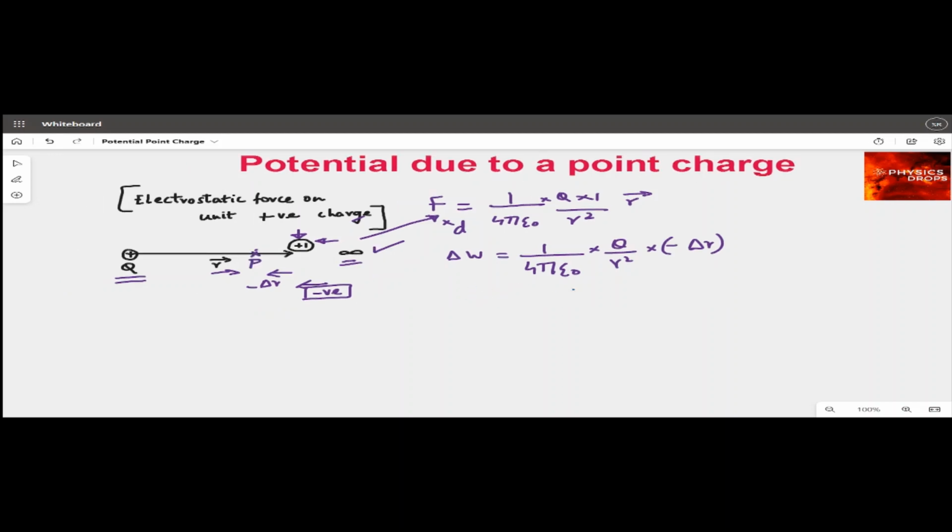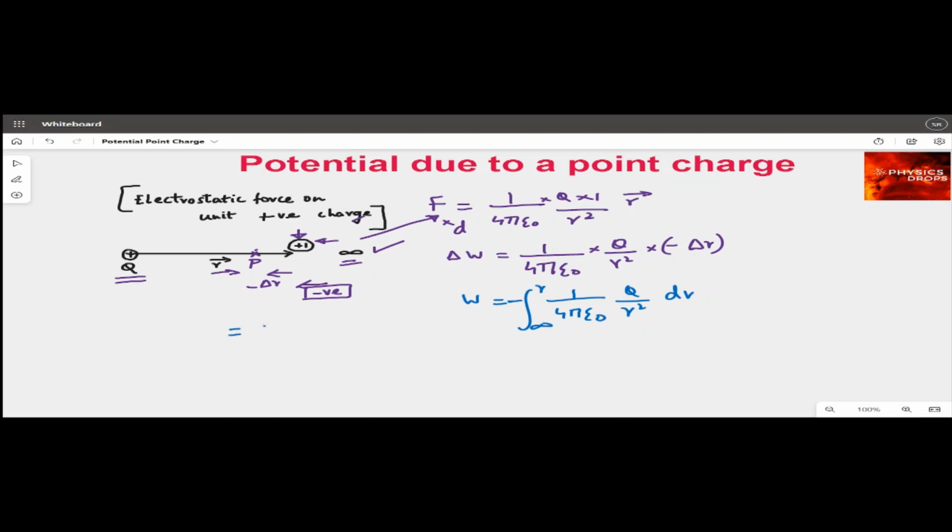To get the work done, we can integrate this, by integrating from infinity to r, 1 by 4 pi epsilon naught Q by r square dr. When we integrate 1 by r square with respect to dr, the rest is all constant, we get minus 1 by r. There is already a negative sign here, and this minus 1 by r and the negative sign become positive.